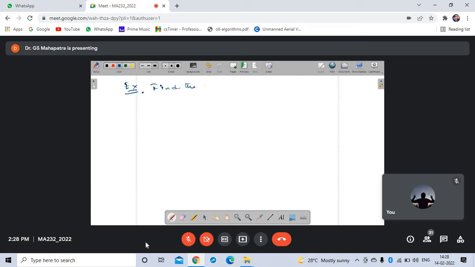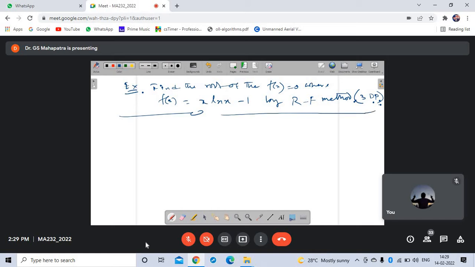Find the root of the equation f of x equals 0, where f of x equals x ln x minus 1, by the Regula Falsi method, correct up to 3 decimal places.